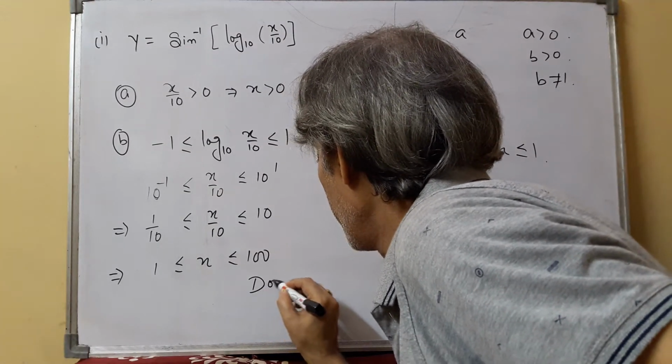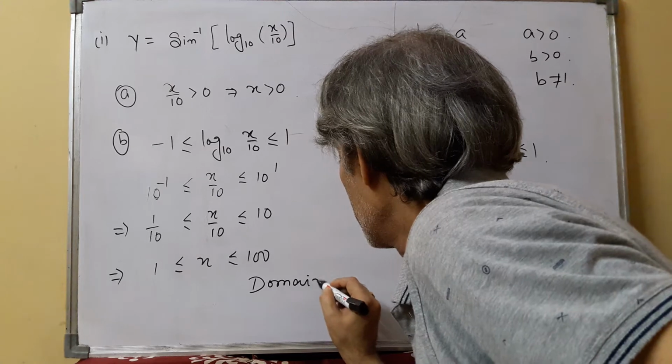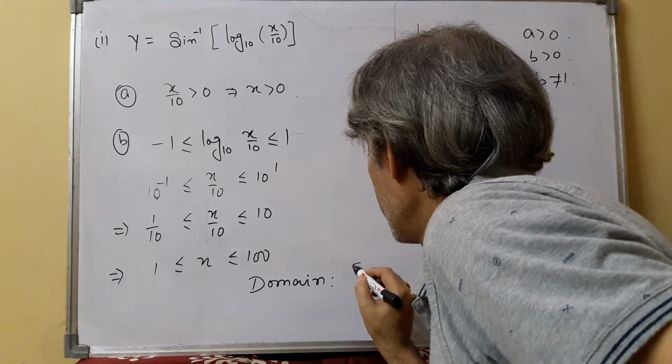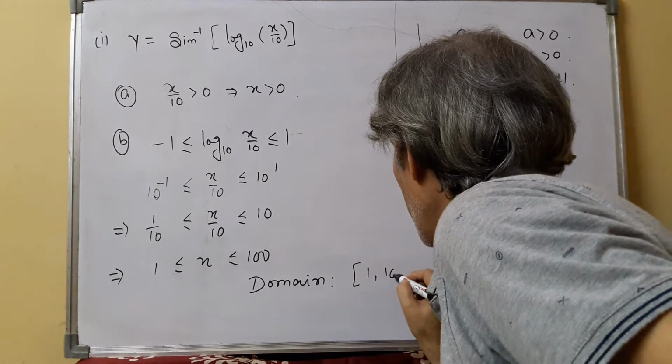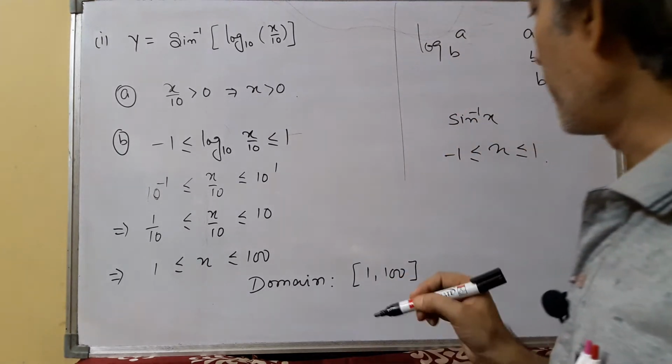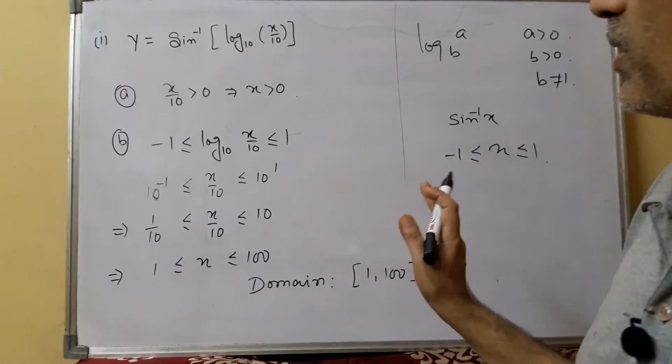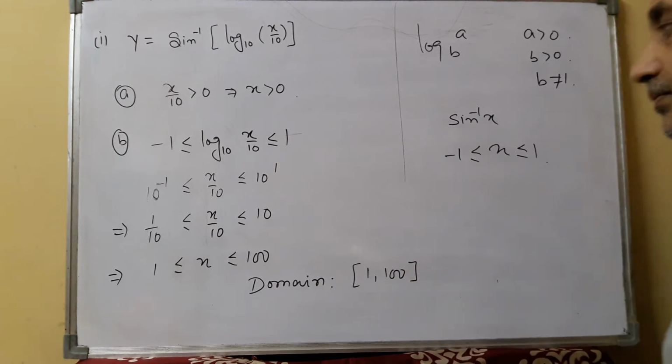So our domain is 1 to 100, where both points 1 and 100 are included.